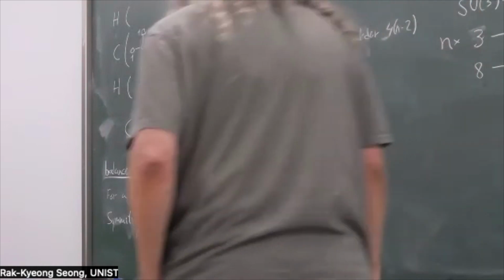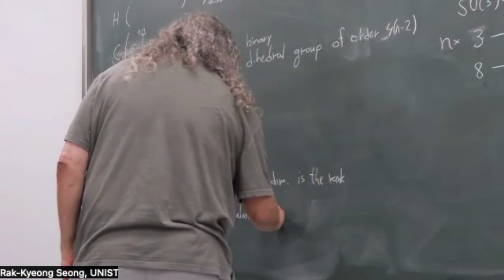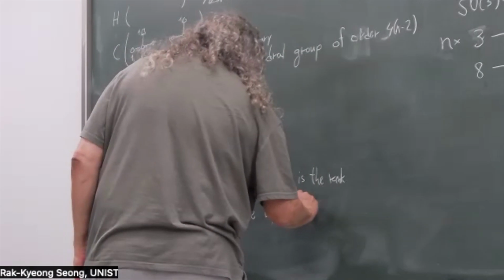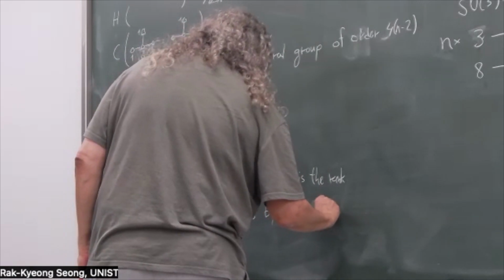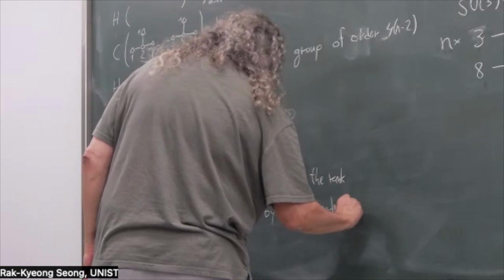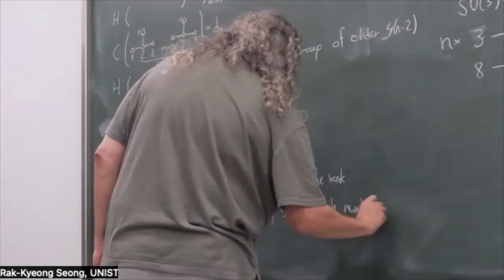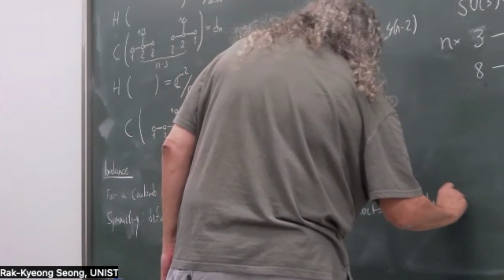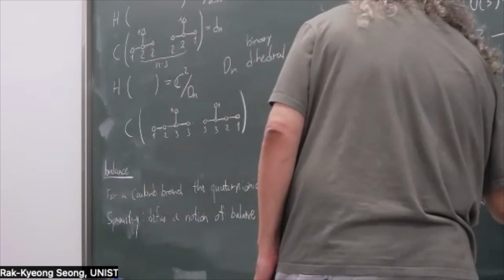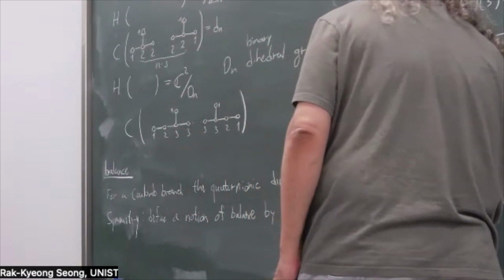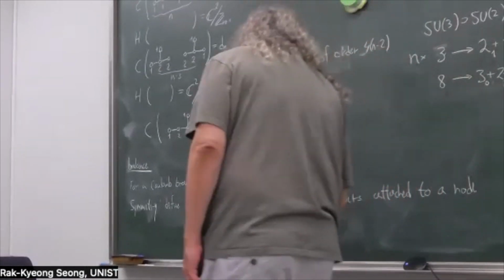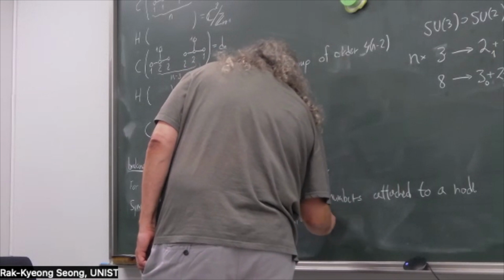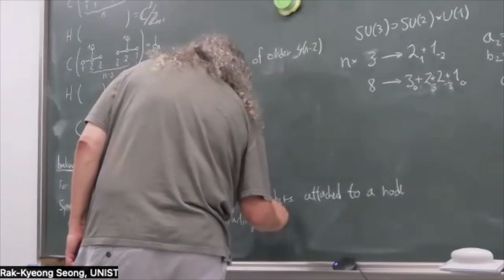So we define the notion of balance by summing the node numbers attached to a node and subtracting twice its node number.